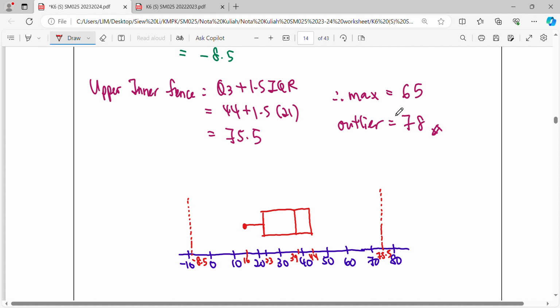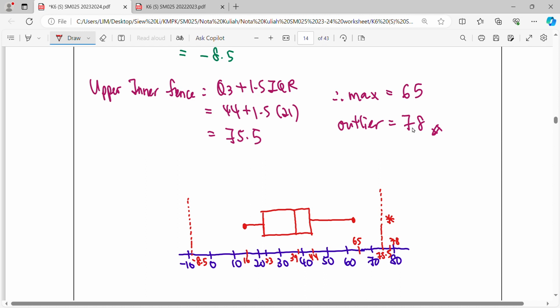Then maximum is 65. Here we label our 65, a dot as another whisker. Then lastly, an outlier at 78. So 78 here. Put a star. Lastly, label your drawing.